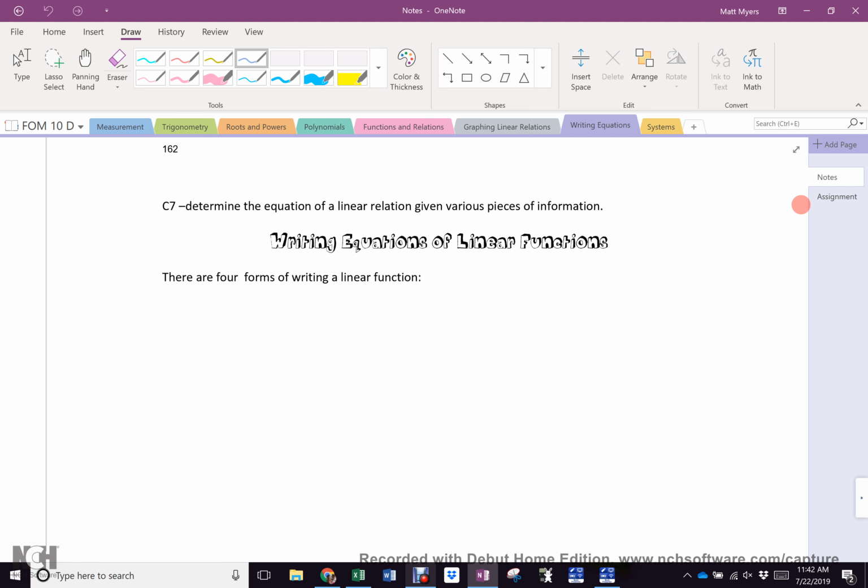What are the 4 forms of writing an equation? And don't give me any numbers. Don't say any numbers. You're saying words. I want the forms, but without numbers. Y equals mx plus b. What's the second one?